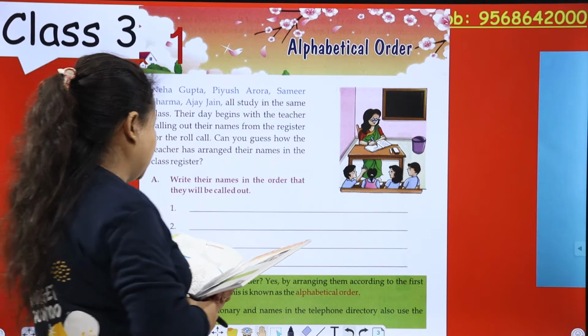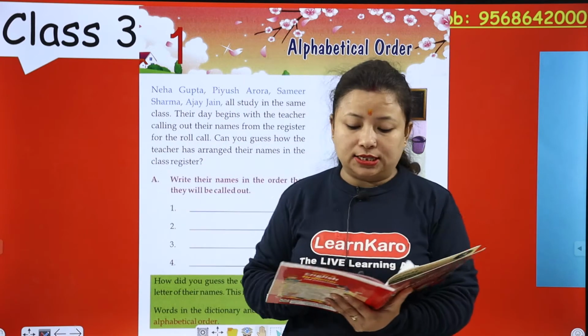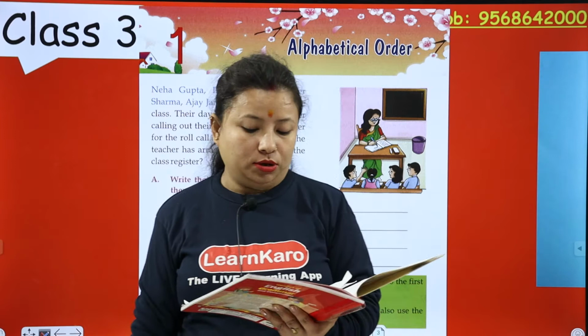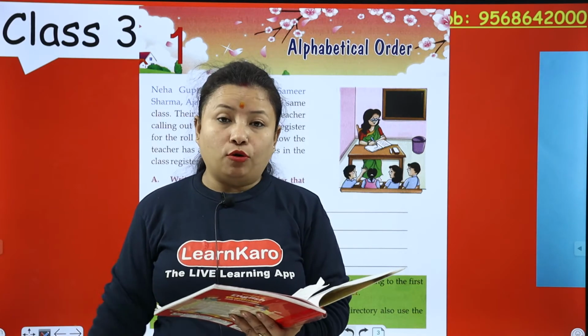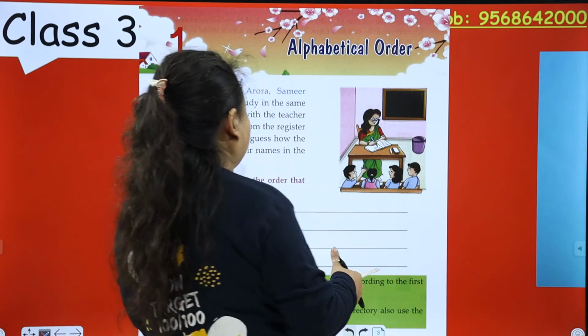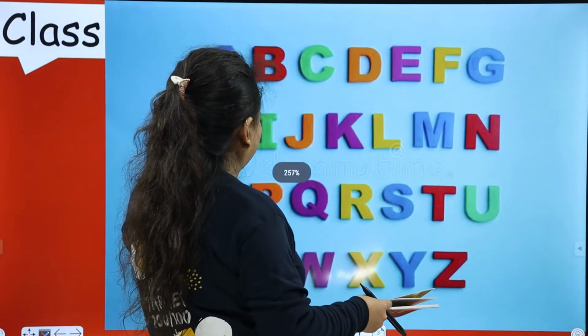Today we will discuss alphabetical order, and in this lesson you will learn to put words in the same order as A, B and C. For this you need to know the order of English alphabets very well. So, this is the order of English alphabets.